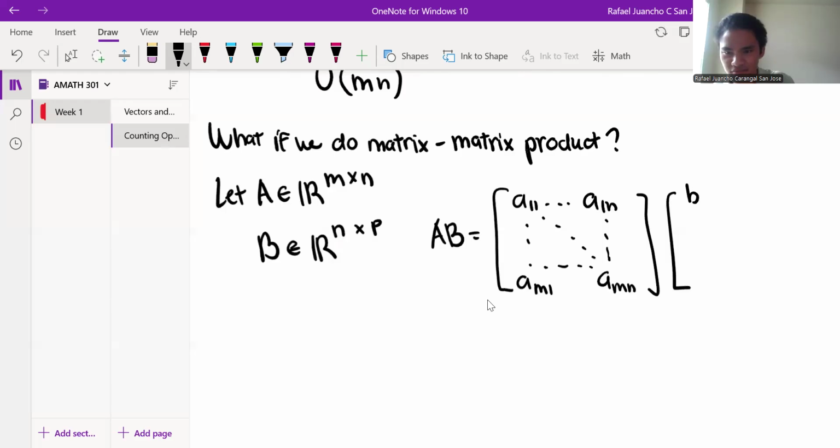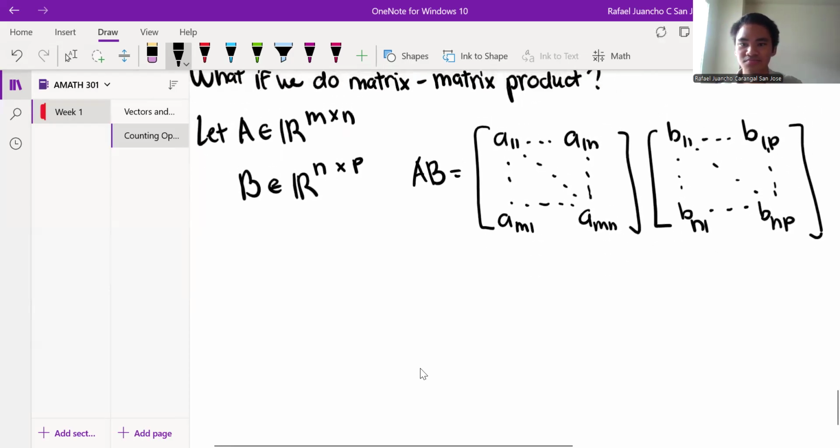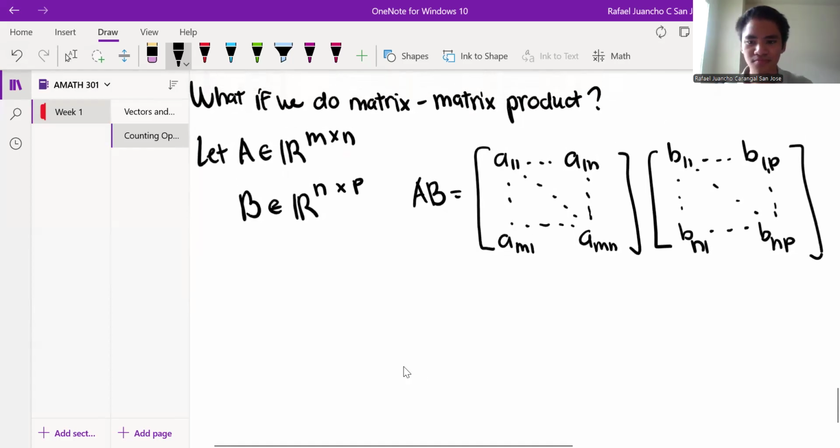Anyway, so let's continue. B11 all the way to B1P. This is all the way to BN1, and all the way to BNP. Right? Okay. Now we want to count the complexity here.